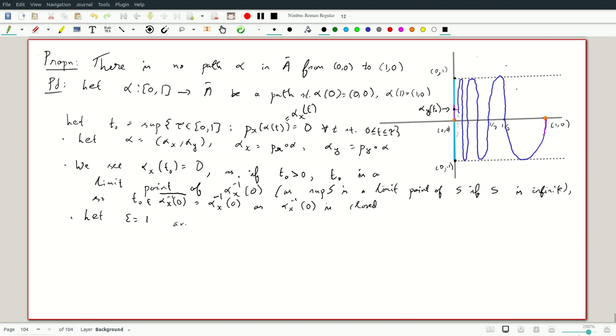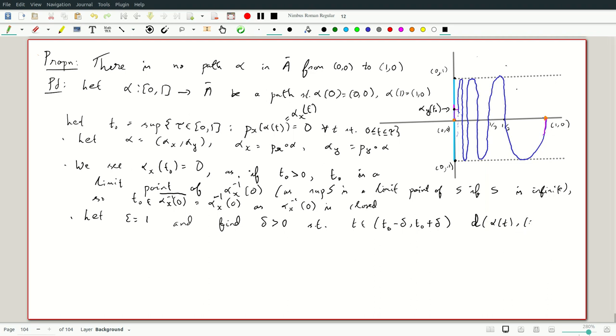And find delta greater than 0 such that if t belongs to (t0 minus delta, t0 plus delta), intersected with [0, 1] if t0 is 0, but those degenerate cases I won't bother about, they make no essential difference, then the distance in R2 between alpha of t and alpha of t0 is less than 1.